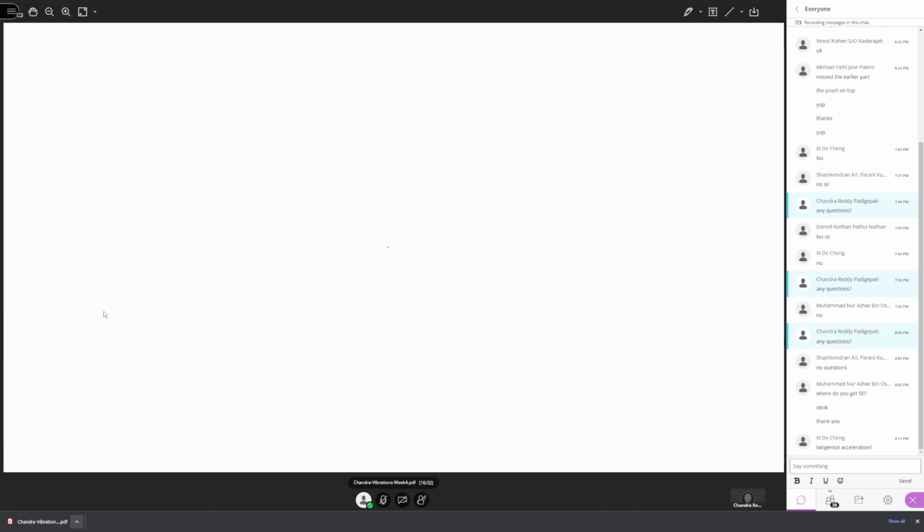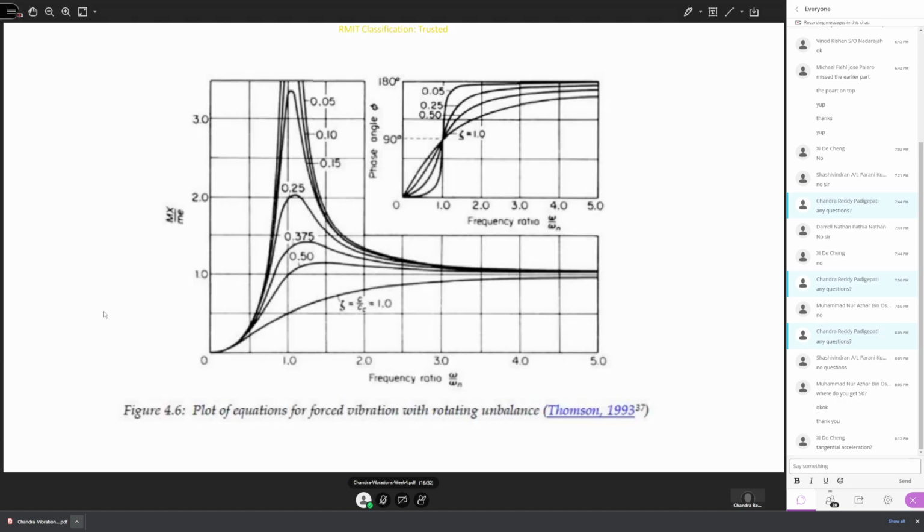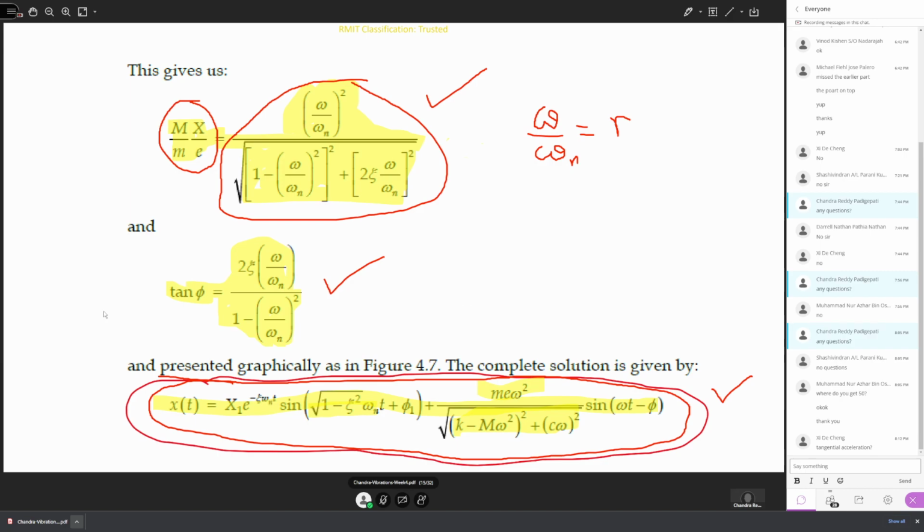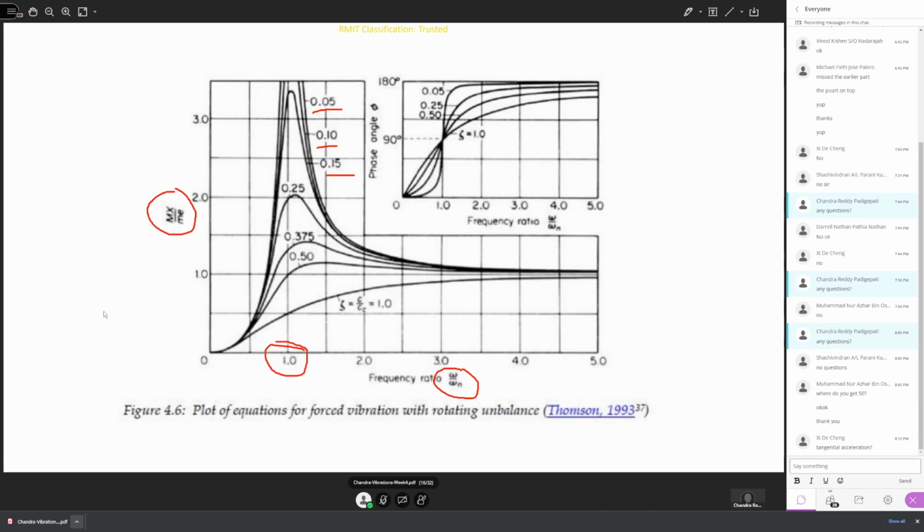Depending on the damping ratios, the amplitude ratios may reduce. So when you plot the displacement transmissibility for various values of the frequency ratio and damping ratio, the characteristic curve looks like this.